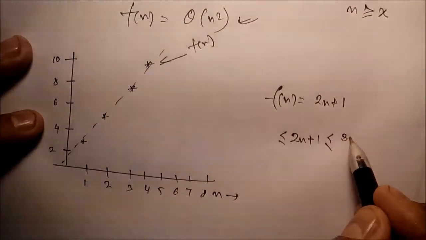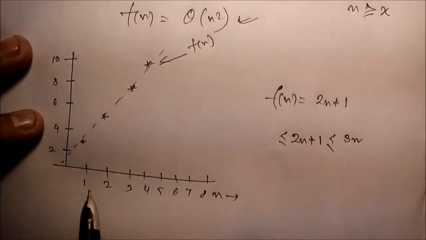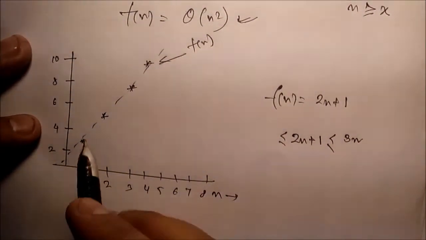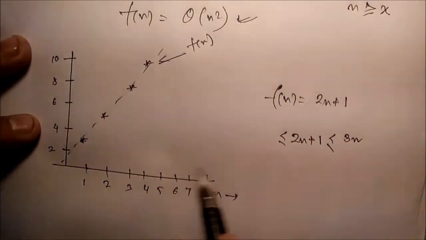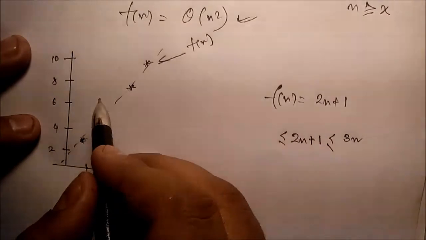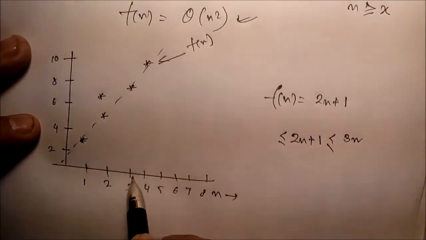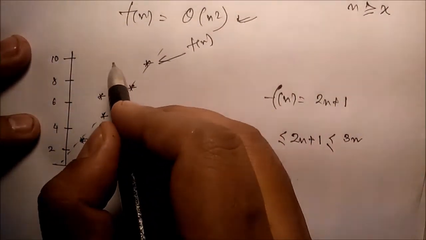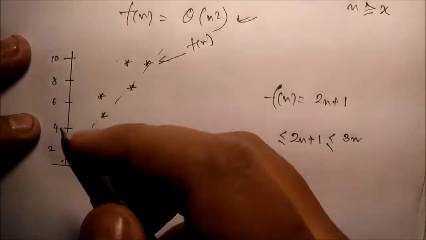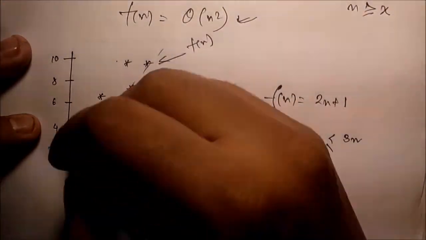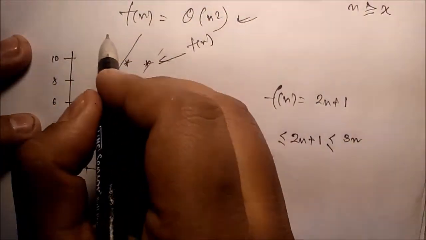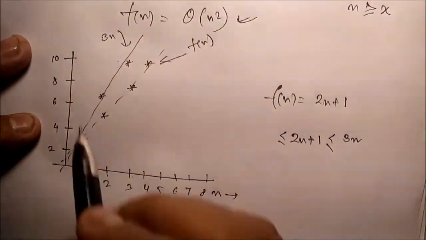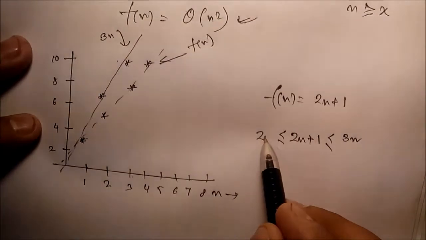Now if it is 3n, then if n is equal to 1, then it is 3, so that will be somewhere here. If it is 2, then it is 6. If it is 3, then it is 9. So the figure will be somewhere like that. This is nothing but 3n. If it is 2n, we can write 2n also.